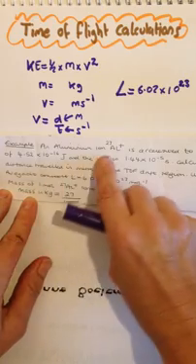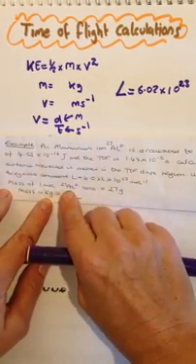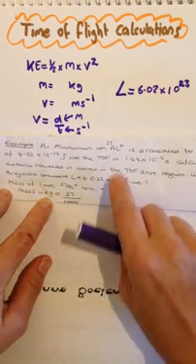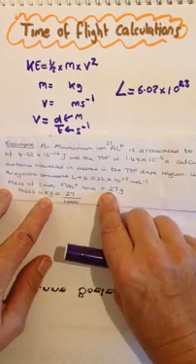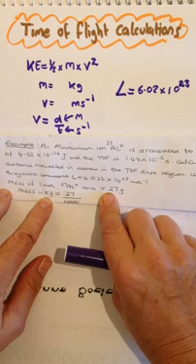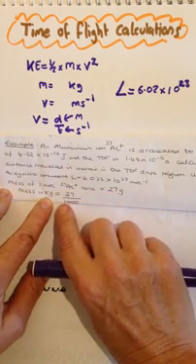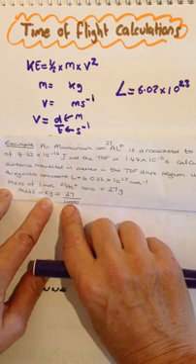Now, the aluminium ion, we know that the mass of 1 mole of aluminium ions is 27 grams. Doesn't matter if it's plus, 2 plus, 3 plus, it's still 27 grams for 1 mole of aluminium ions. So the first thing you must do is convert the mass of 1 mole of aluminium ions into kilograms.